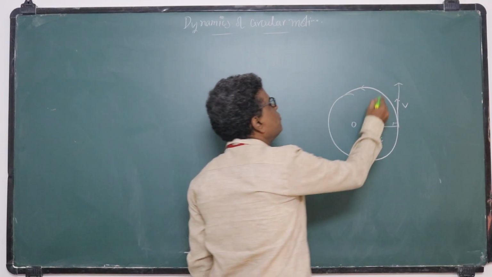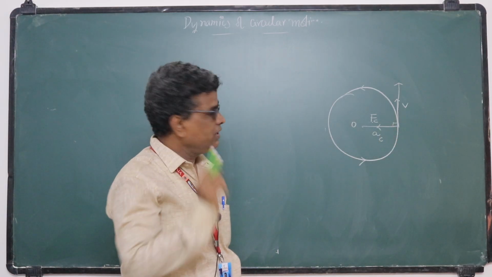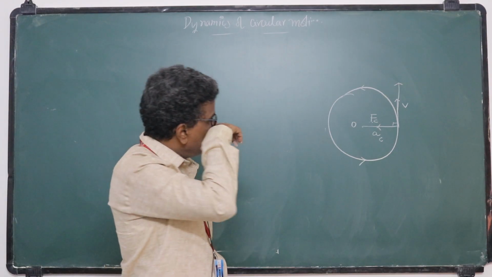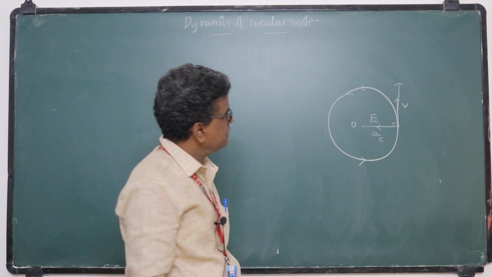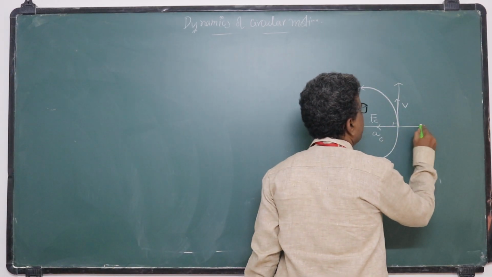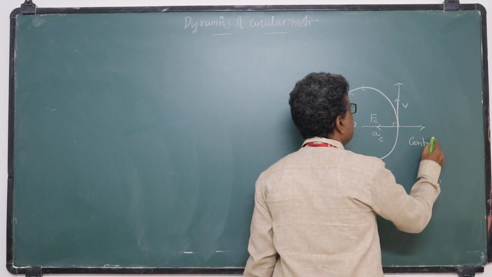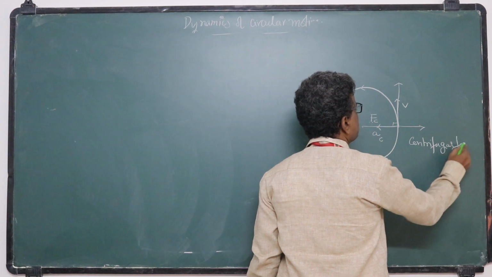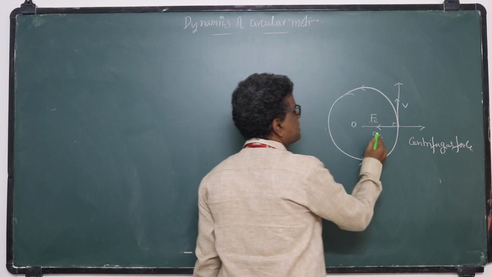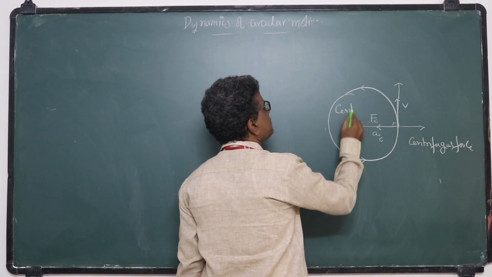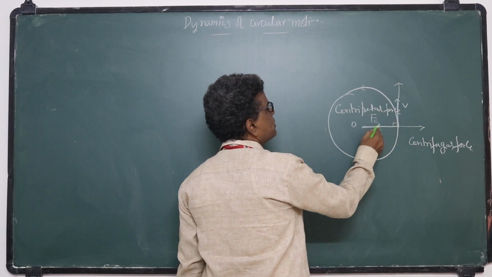When a body moves in a circular path, there will be another force, a fictitious force, that acts on the body. That is centrifugal force, which acts away from the center. The centripetal force acts towards the center.